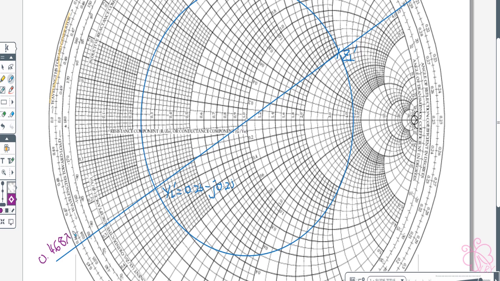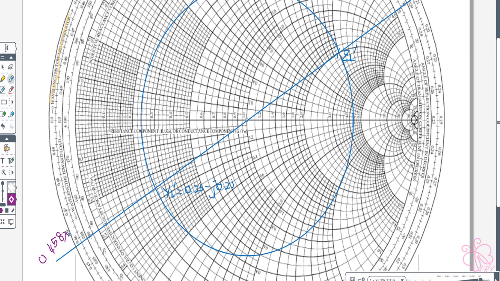Sorry, not that, it's 0.5. Okay, 0.058 lambda.